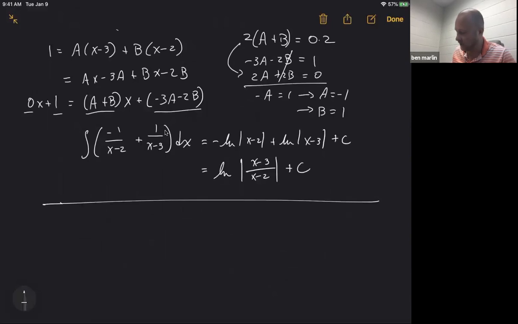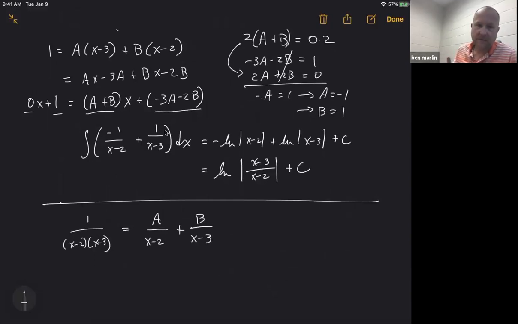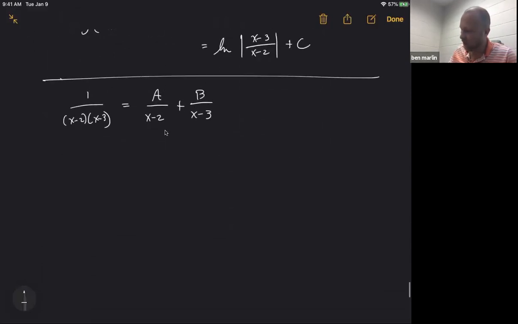Yes, totally did. So we have 1 over (x minus 2)(x minus 3) equals a over x minus 2 plus b over x minus 3, right? That was the equation we were working with before.